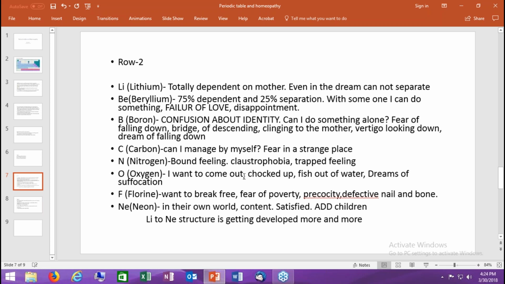Totally dependent. The person cannot think of his own self-existence without the other person. Always in every matter, he wants the other person to be there beside him.